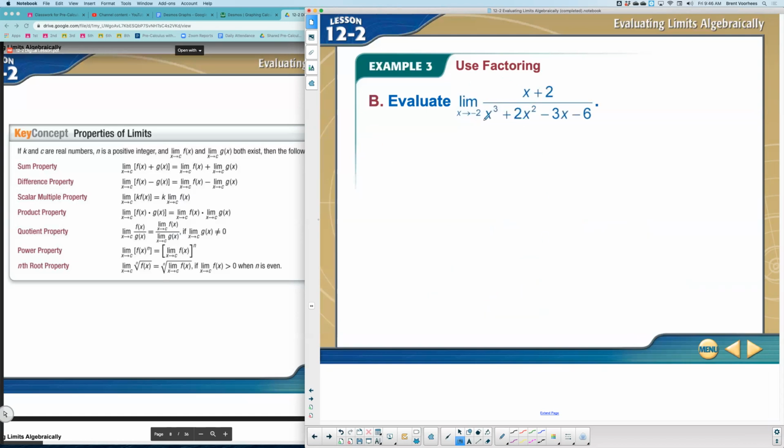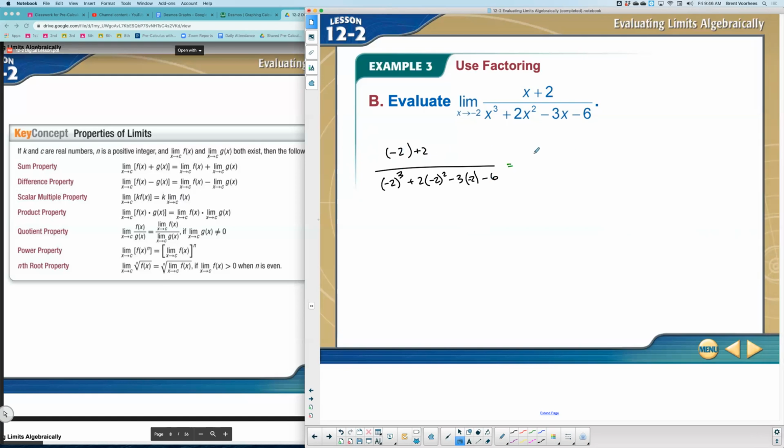If I did a direct substitution, since this is a rational function, polynomial over polynomial, I could say that it will be equal to, if I substitute that -2 in, -2 plus 2, which is 0, divided by -2 quantity cubed, plus 2 times -2 squared, minus 3 times -2, minus 6.